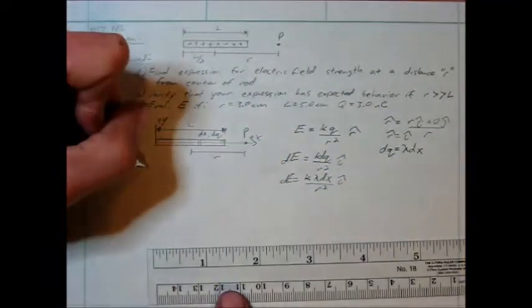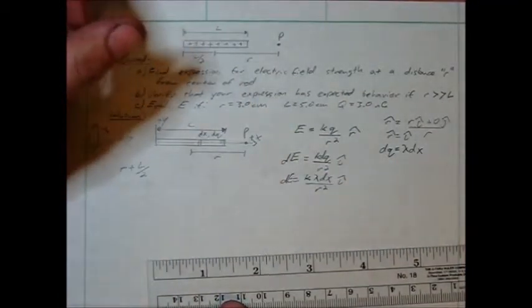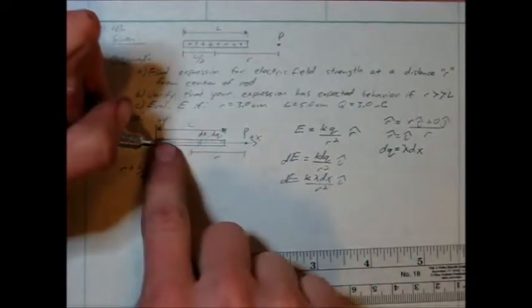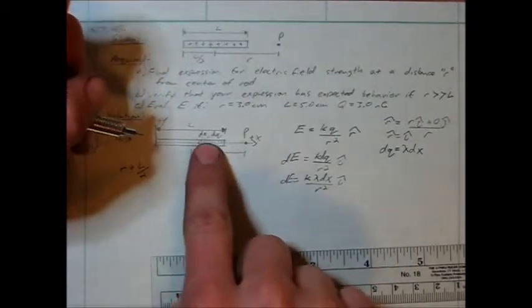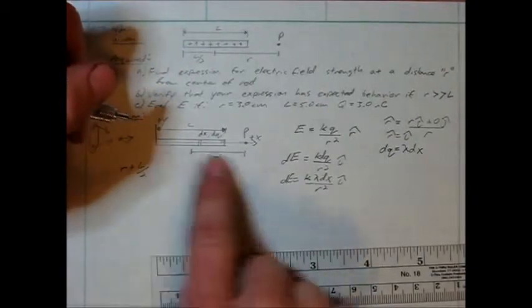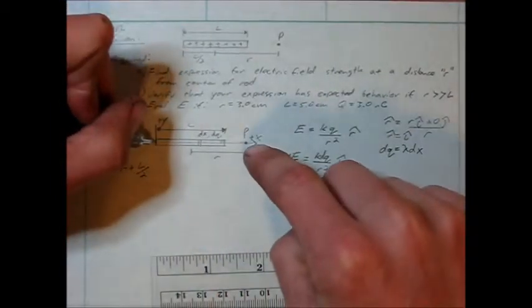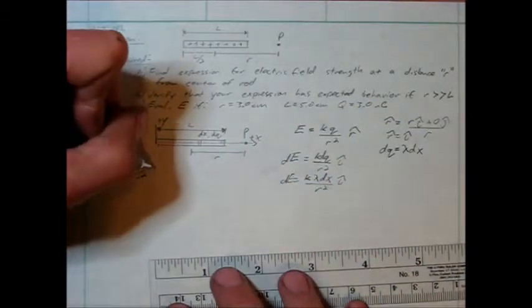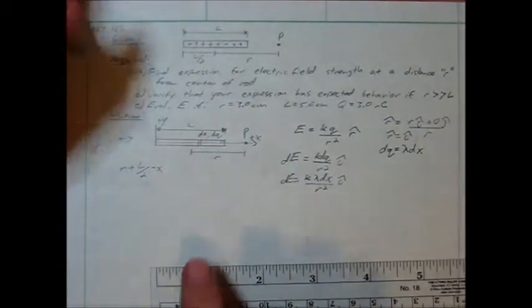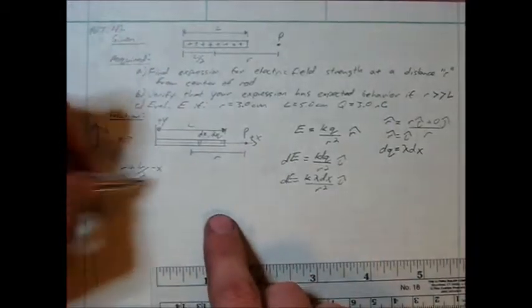Remember we have L over 2, and if we follow this coordinate system as x travels here, depending on dx's location, it's going to be the maximum distance minus where it is relative to the origin here. So we're going to say minus x. Alright, so we can replace this r with this expression here.